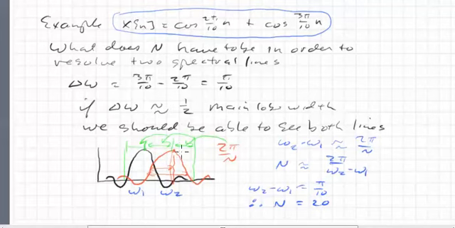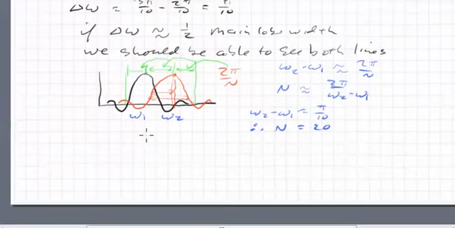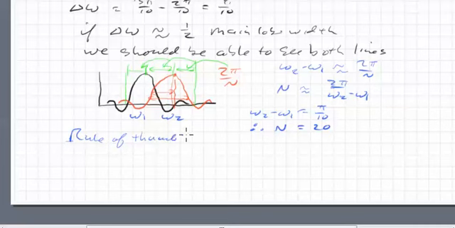Now, this is really kind of a rough rule of thumb. It means that n could be larger or n could be smaller. It depends, and we're going to do some trial and error if we really want to get the exact number, which we sometimes do.